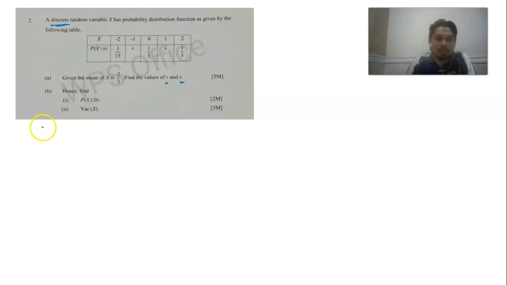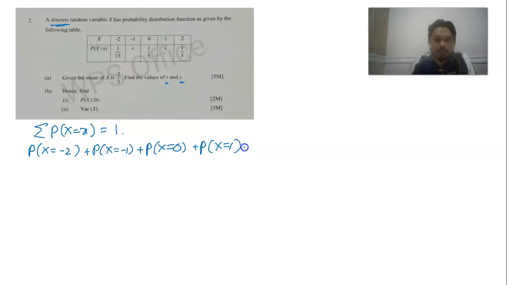So we're going to use the summation of all the probabilities of x equal to 1. So x takes values -2, -1, 0, 1, and 2. Probability of x equal to -2 plus probability of x equal to -1 plus probability of x equal to 0 plus probability of x equal to 1 plus probability of x equal to 2 is equal to 1.